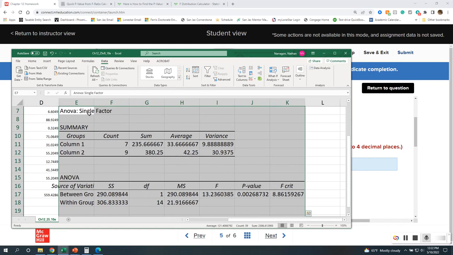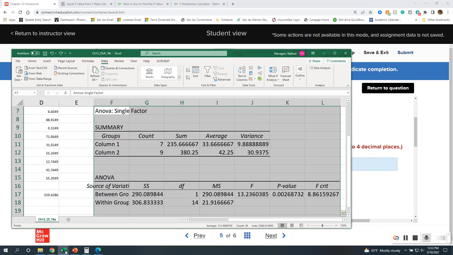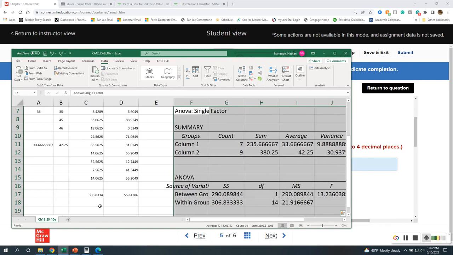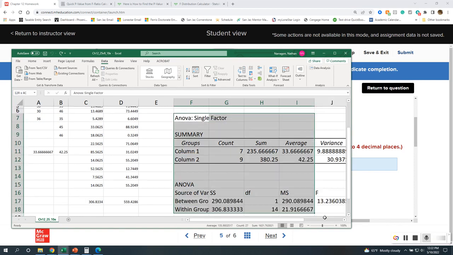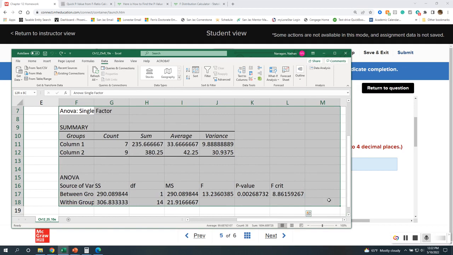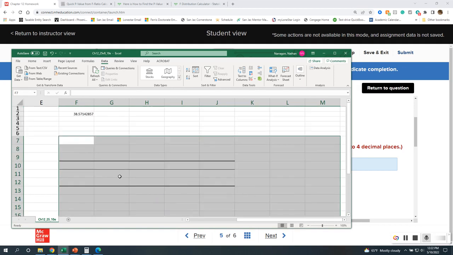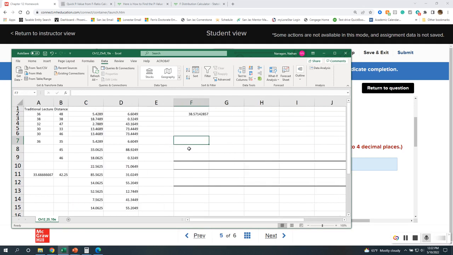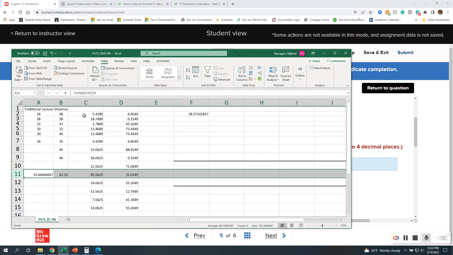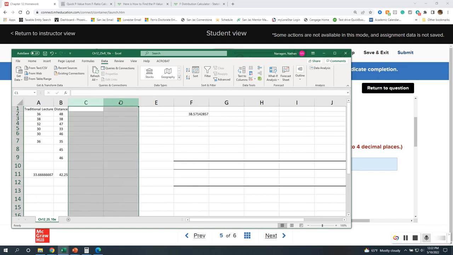So the question is, why is it doing it that way? So we're going to try this again. Input, we're going to do another data. I'm going to go ahead and remove all this.